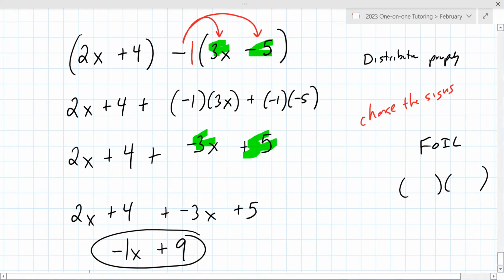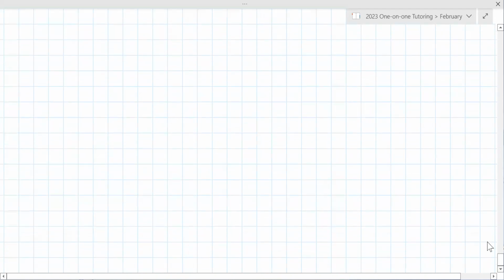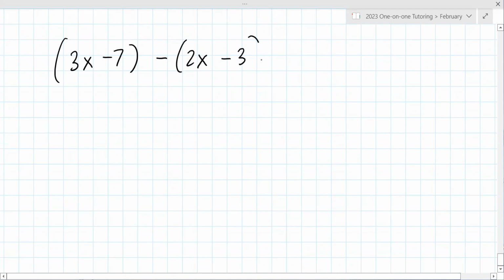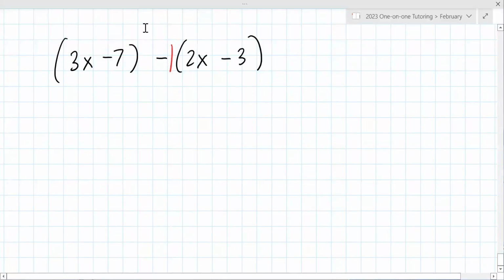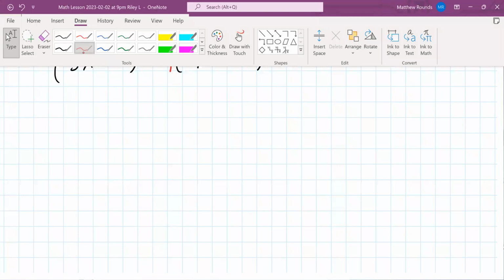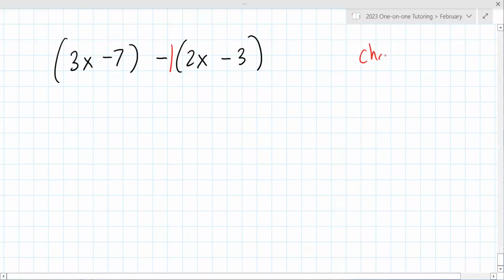We'll do another one here, or I'll have you try maybe. Let's say it's 3x minus 7 minus 2x minus 3. Like we talked about, there's really a 1 there. But I think it's easier to just change the signs. So the 2x was positive, now it's negative.